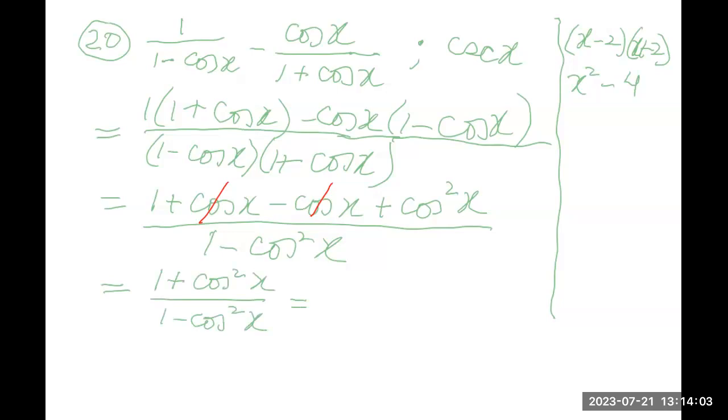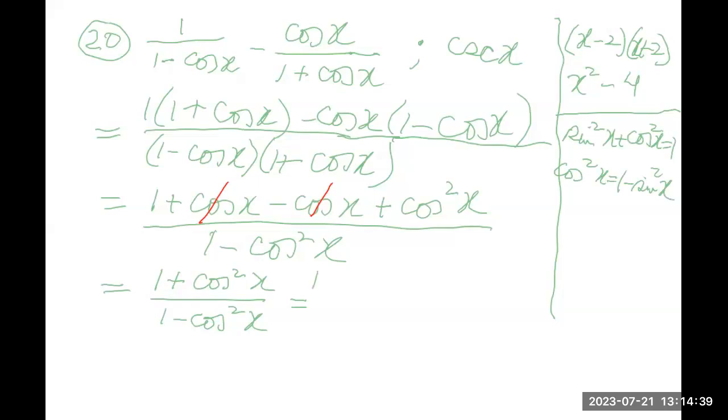So the way we convert a cosine square into a sine square is, again, using the identity that sine square x plus cosine square x is equal to 1. And so if you subtract sine square x from both sides, cosine square x is 1 minus sine square x. So I'm going to use that result in the denominator here.